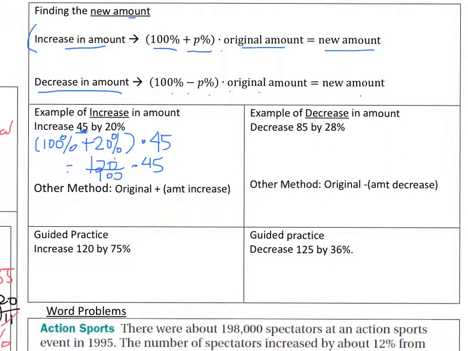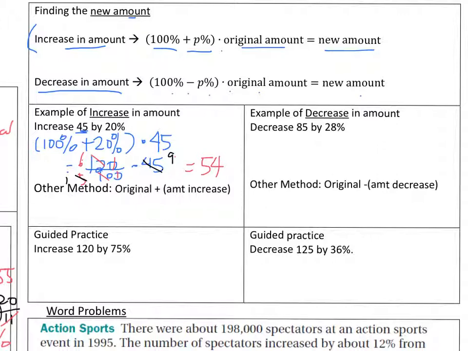And after we simplify, 12 divided by 2 is 6. 10 divided by 2 is 5. And then I can simplify 5 with 45. Then 6 times 9 is 54.